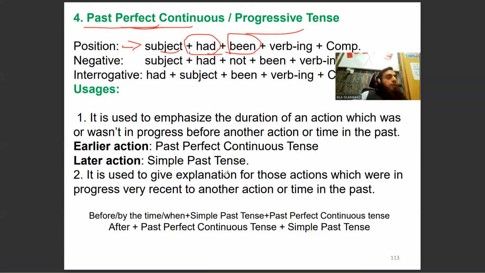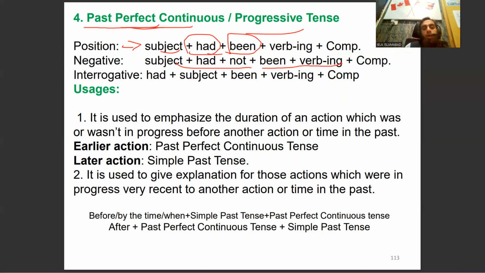Now, for negative sentences, we use: subject plus had not plus been plus verb ing plus complement. For interrogative, had at the beginning, next is subject plus been plus verb ing plus complement, right?